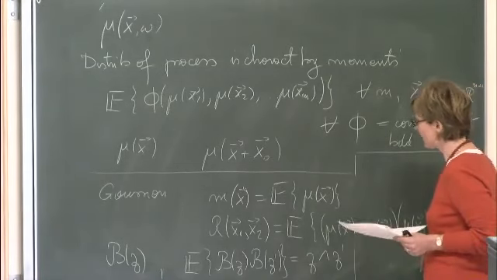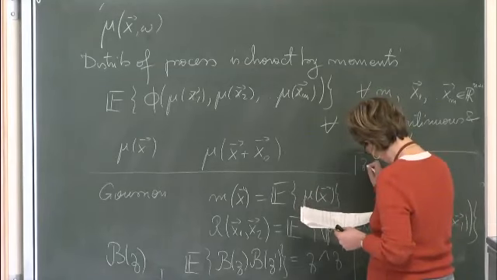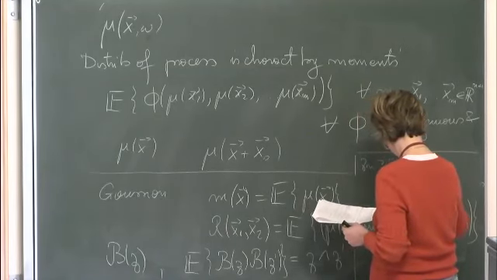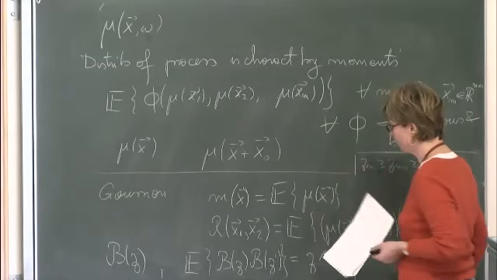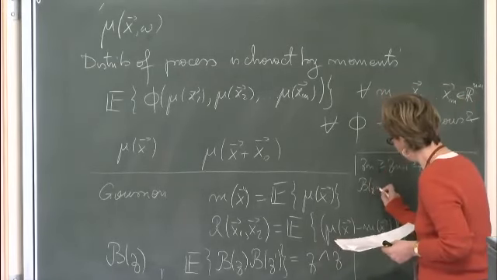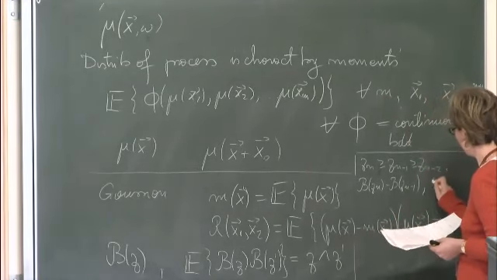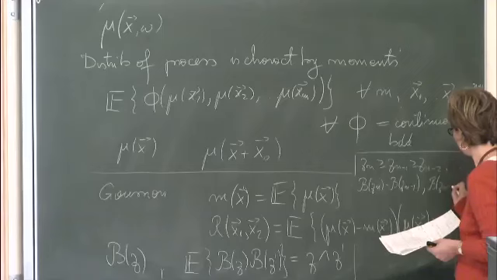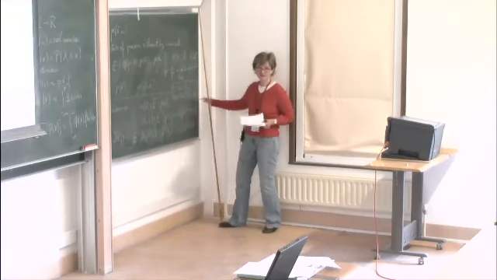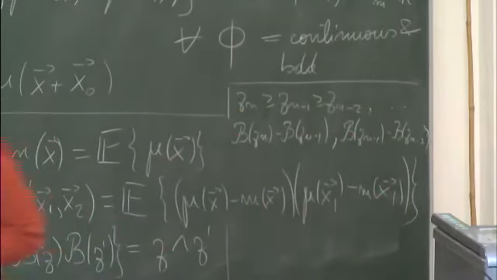And if you look at increments of this process, so if you consider a sequence of points, Zn bigger than Zn minus 1, bigger than Zn minus 2, and so on, and then you look at increments, which are Bzn minus Bzn minus 1, and then Bzn minus 1 minus Bzn minus 2, and so on, they are Gaussian, and they are independent.